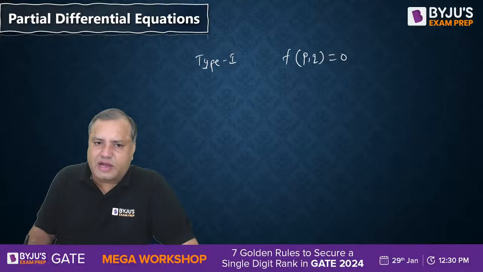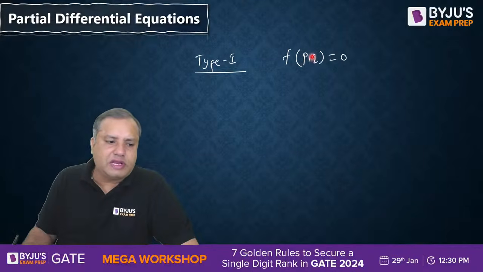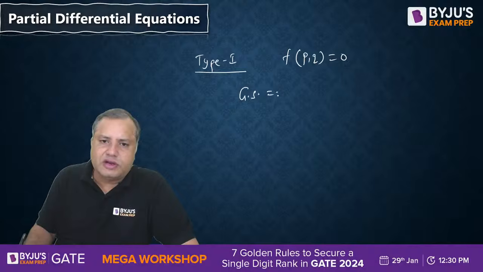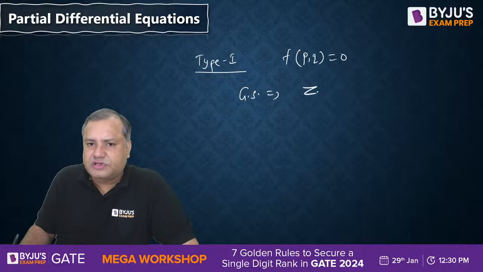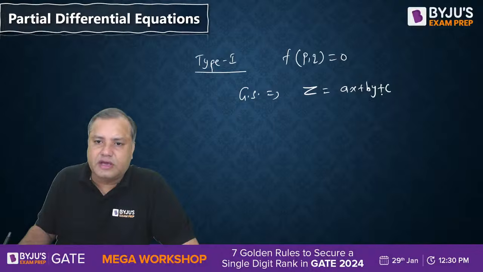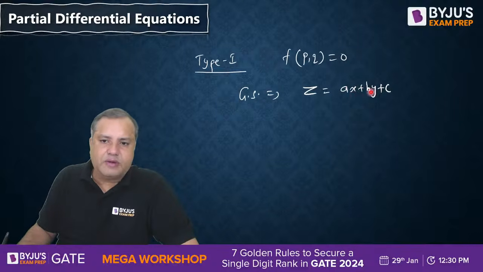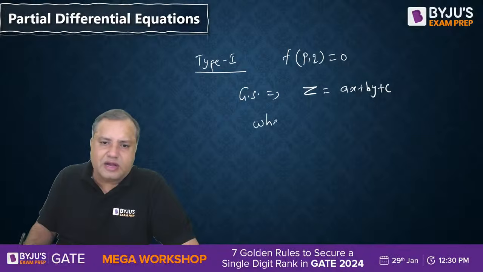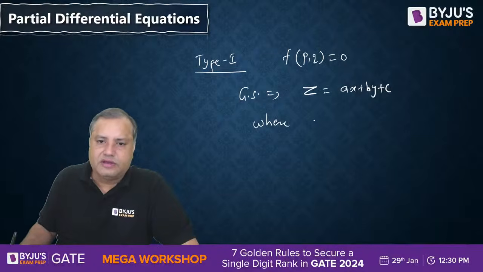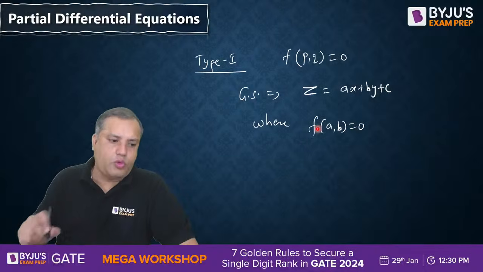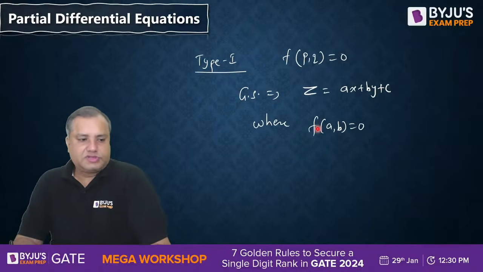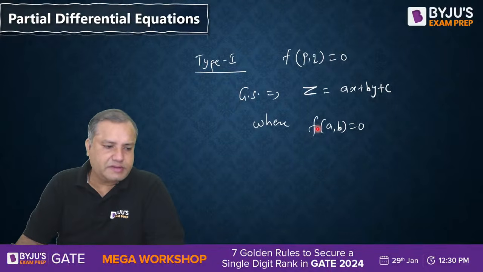So as soon as you identify that it is type 1 non-linear first order PDE, you can write its general solution straight away as z equal to ax plus by plus c. Now, a and b are related with each other. How are a and b related? A and b are related by this relation. So f of a comma b equal to 0. Okay. So students, are you enjoying?